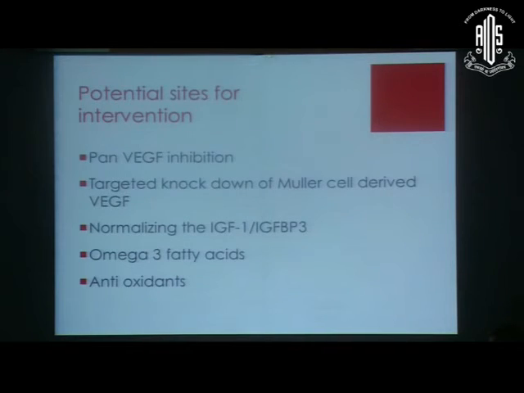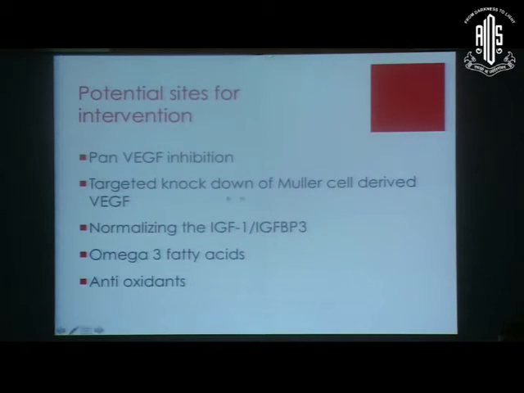But that understanding has given way to where we can intervene by way of treatment. One is pan-VEGF inhibition, which is currently being done. Another is targeted knockdown of the Mueller cell-derived VEGF. Some people thought that Mueller cell-derived VEGF is more important than the general VEGF present in the vitreous cavity.